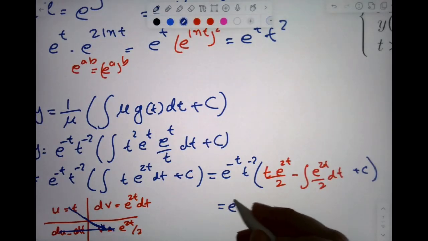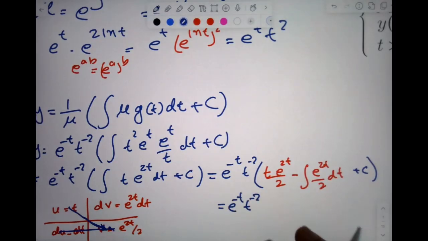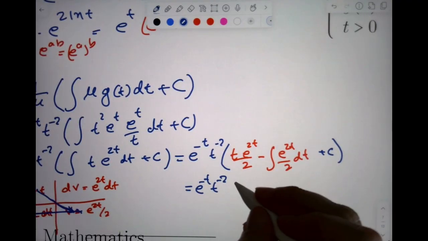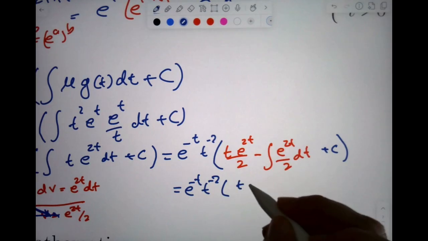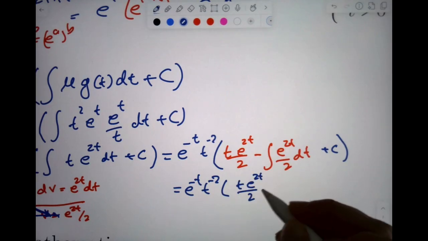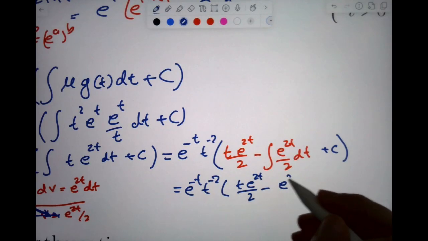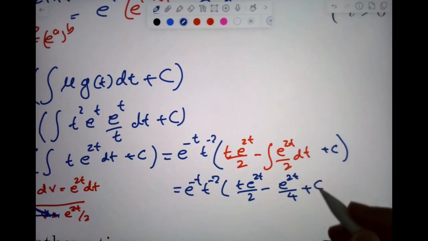So this is e to the power minus t, t to the power minus 2, and t e to the power 2t divided by 2, the integral of that is e to the power 2t divided by 4 plus c.